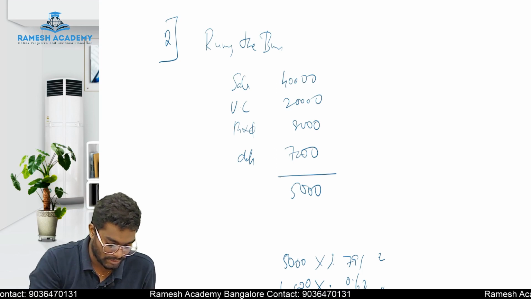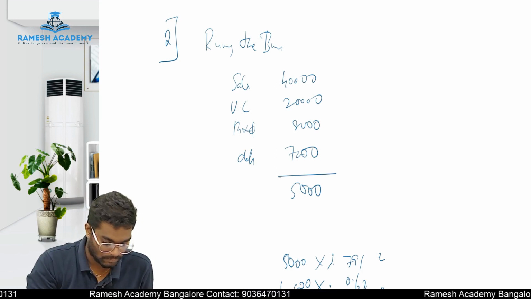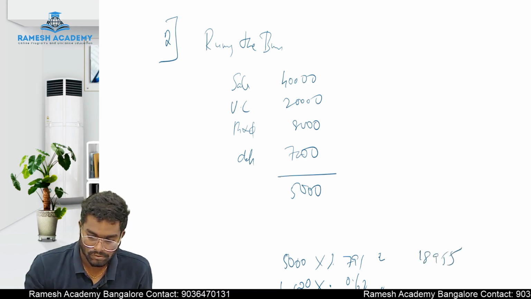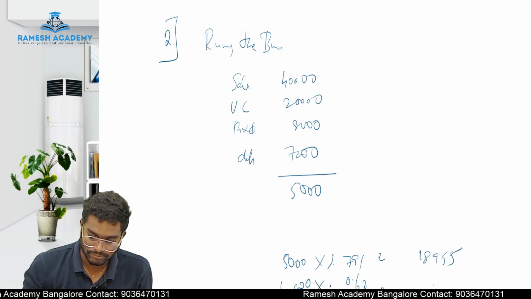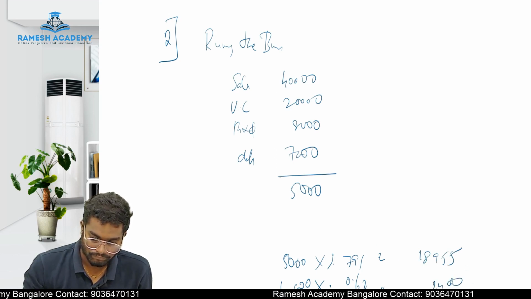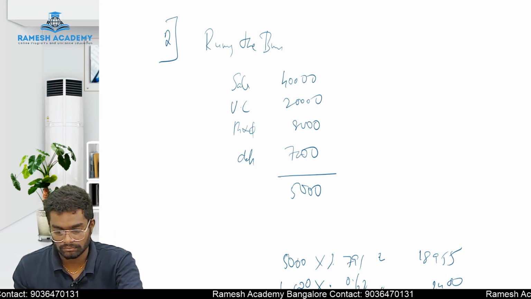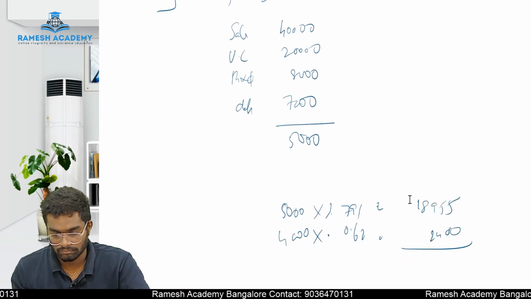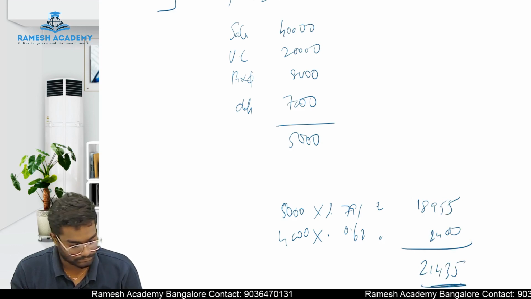Now 3.791 into 5,000, which is 18,955. 4,000 into 0.62, which is 2,480, plus 18,955, which is 21,435.